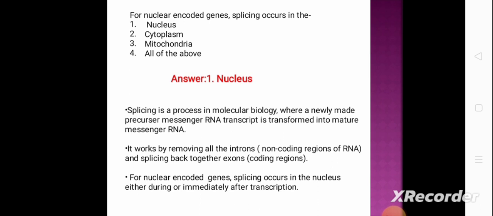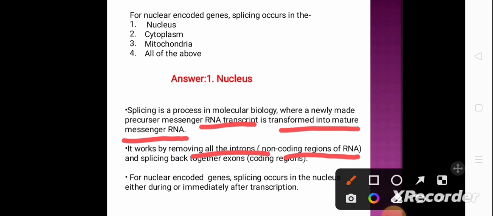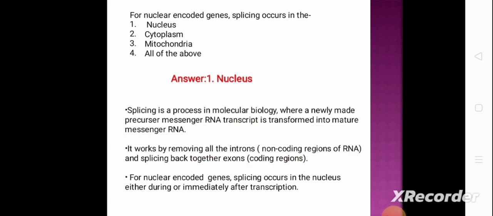Splicing is a process in molecular biology where a newly made precursor messenger RNA transcript is transformed into mature mRNA. It works by removing all of the introns, which are in the non-coding regions of RNA, and splicing back together the exons, which are in the coding regions. For nuclear encoded genes, splicing occurs in the nucleus, either during or immediately after transcription.